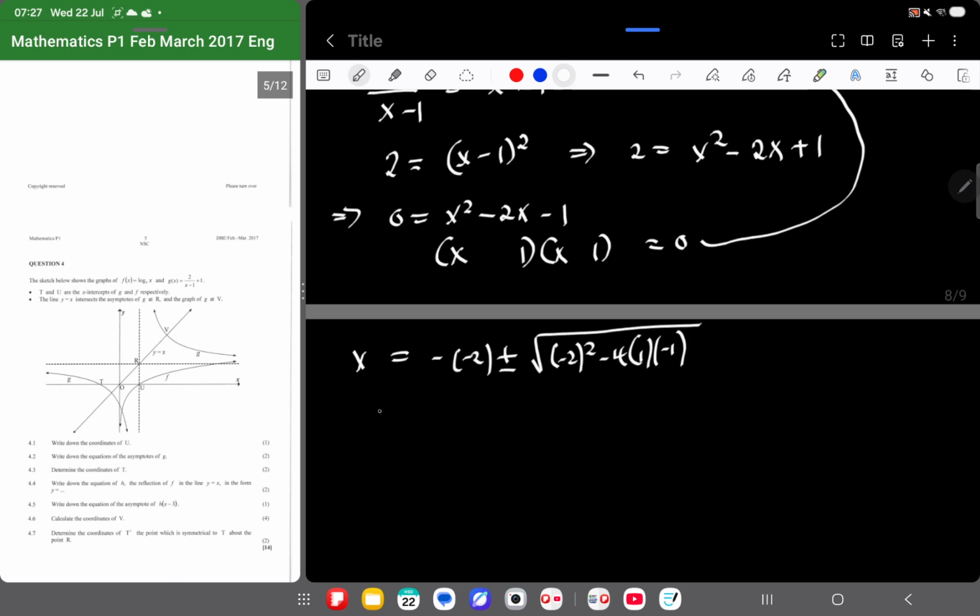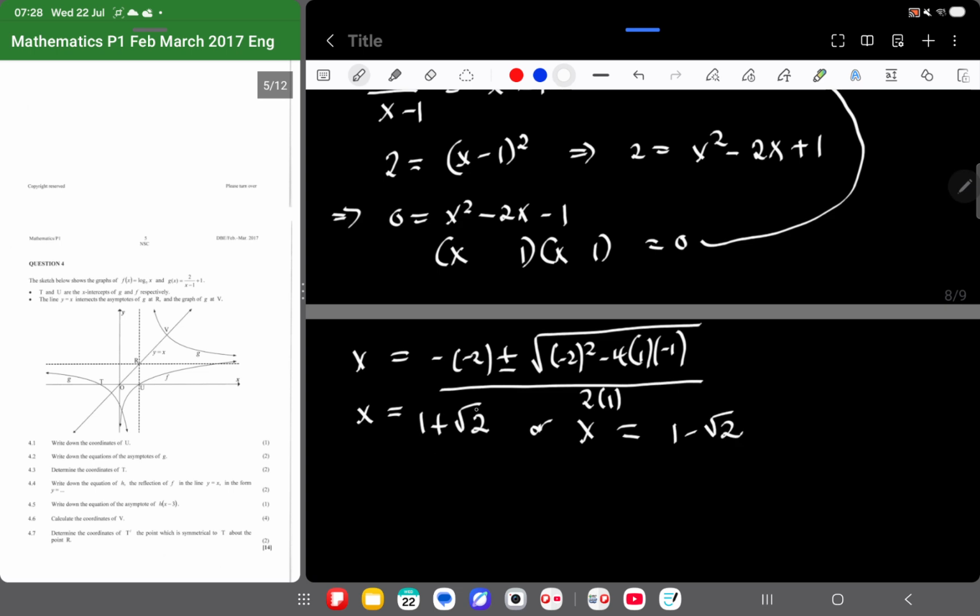Minus 1. x equals 2 plus the square root of negative 2 squared minus 4, a is 1, c is negative 1, all over 2. So x equals 1 plus square root of 2, or x equals 1 minus square root of 2.